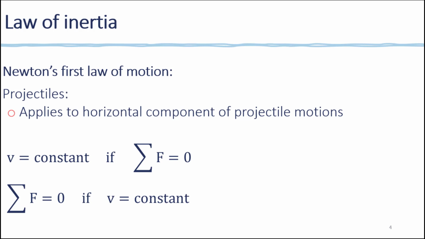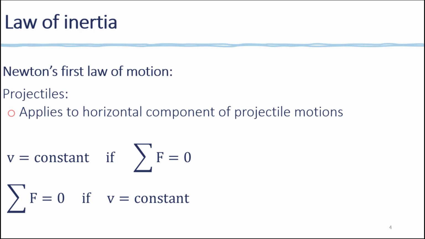So in the vertical direction, Newton's first law does not apply because the velocity is changing. However, horizontally, the velocity of the projectile was constant and its acceleration was always zero because there was no horizontal force acting on the projectile. And this is a case where Newton's first law of motion does apply.